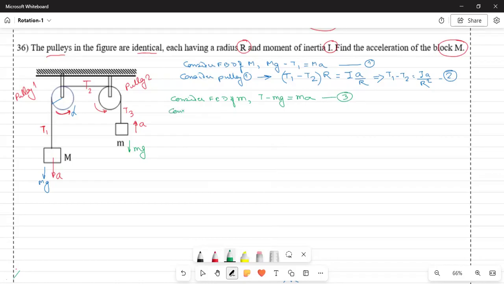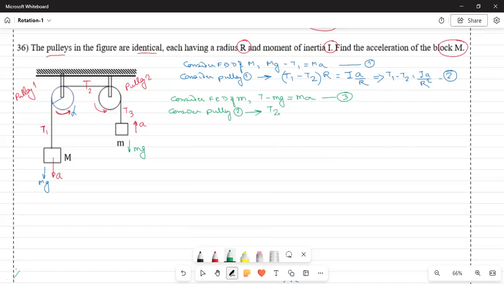Similarly, consider pulley 2 for its rotational motion. T2 is trying to rotate it in anti-clockwise direction.